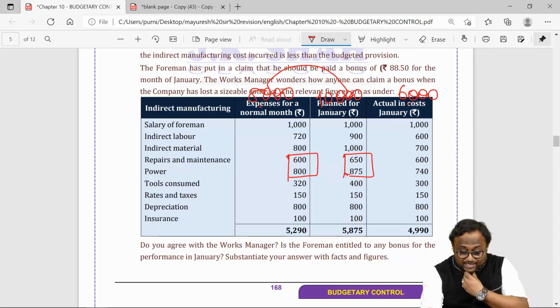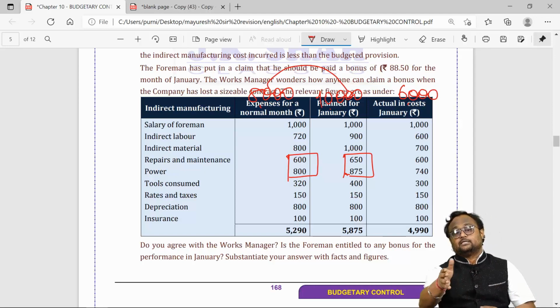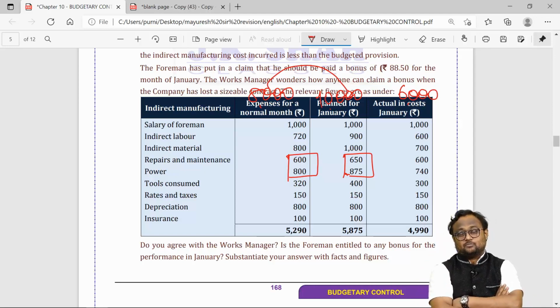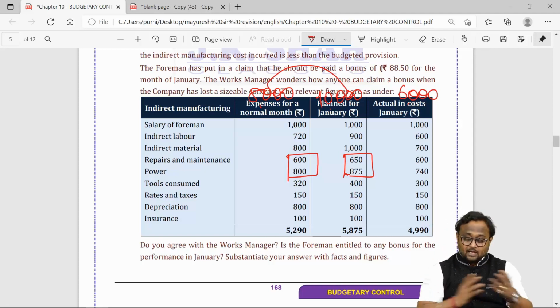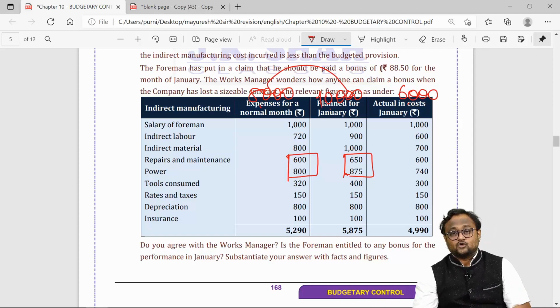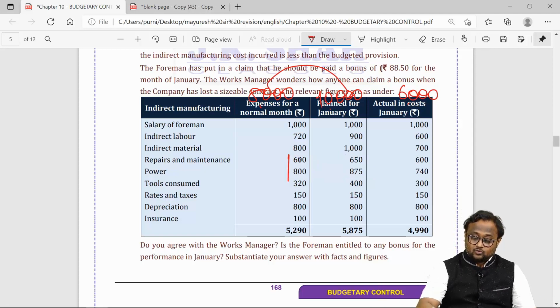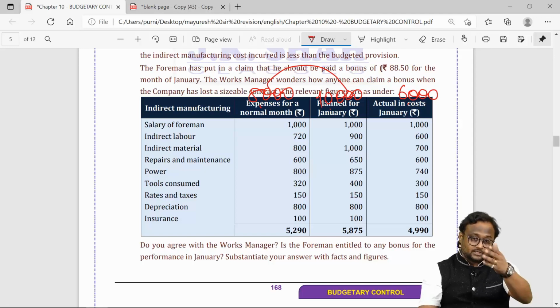Your CPU is changing when your quantity gets raised from 8,000 to 10,000. That means it is not a variable cost, because had it been a variable cost, CPU would have been the same. It is not a fixed cost either, because the total is not the same. That means it is a semi-variable cost. So you apply that method, you can see the working.